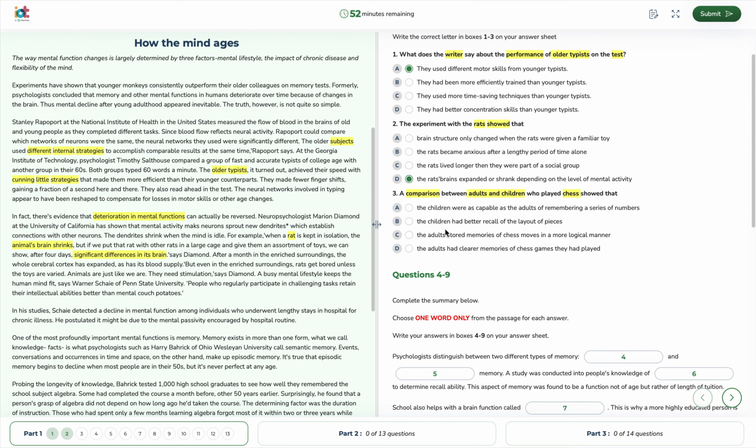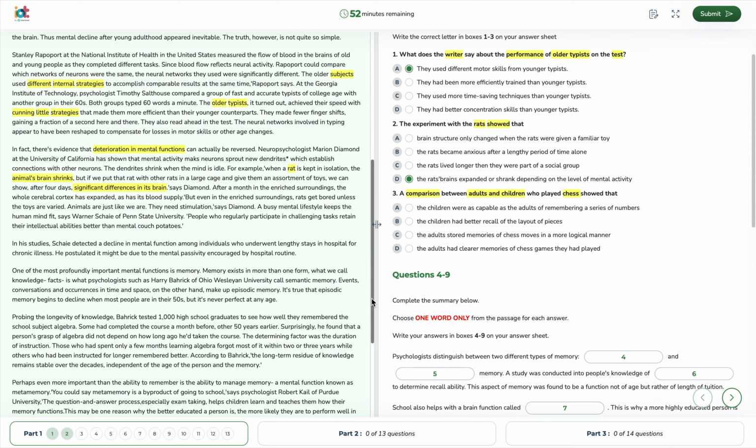They say children had better recall of the layout of pieces. They were better at remembering them. The adults stored memories of chess moves in a more logical manner. And the last one is that the adults had clear memories of chess games they had played. So in this one, I will find where chess is talked about, so we don't waste our time reading the whole passage.